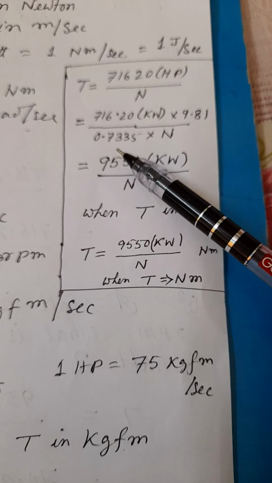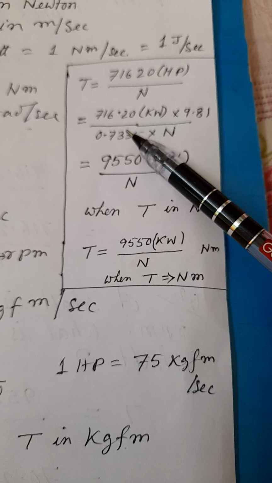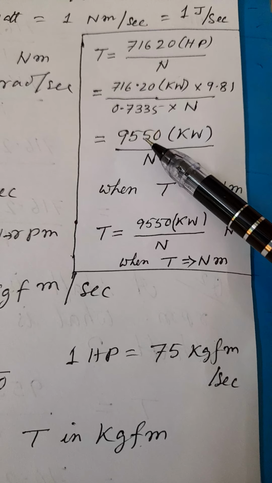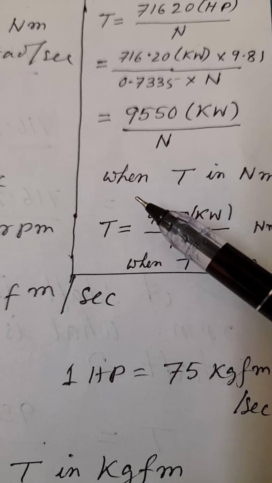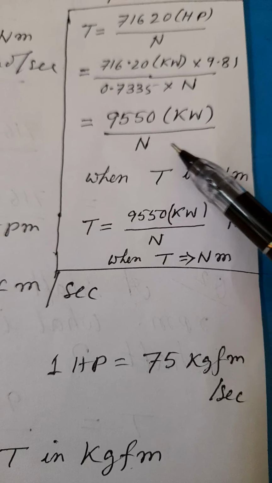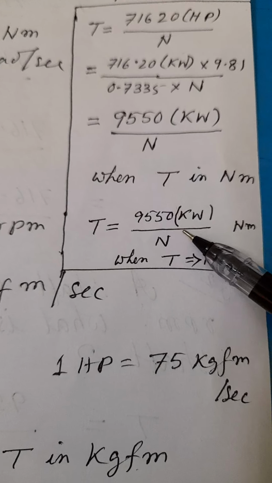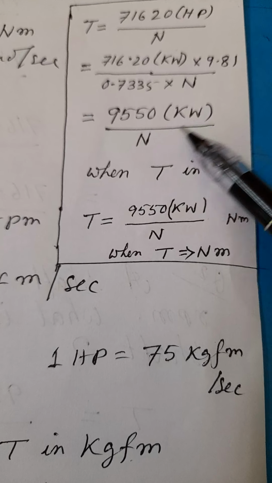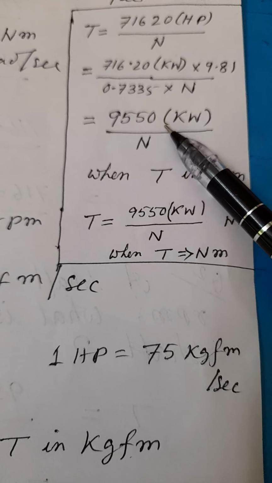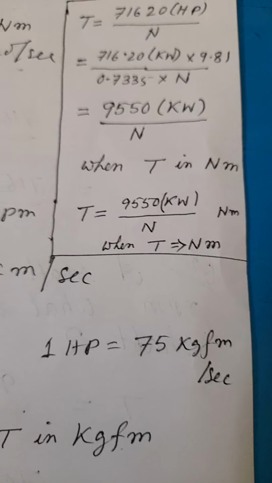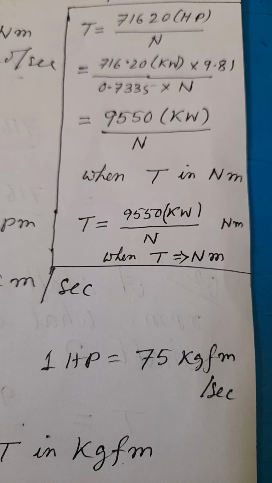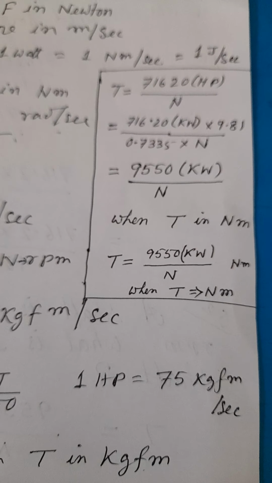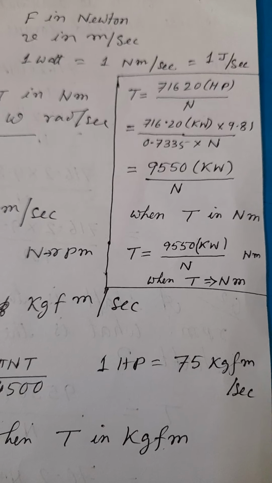So 1 kilowatt will be equal to HP divided by this one, so this will be in kilowatt. This is the formula we will be using, T is equal to 9550 kilowatt by N. So how much kilowatt it will be given to this? I have also solved the problem using these three formulas in my previous video.